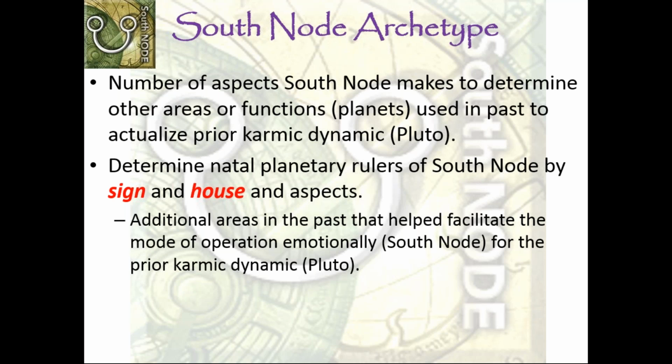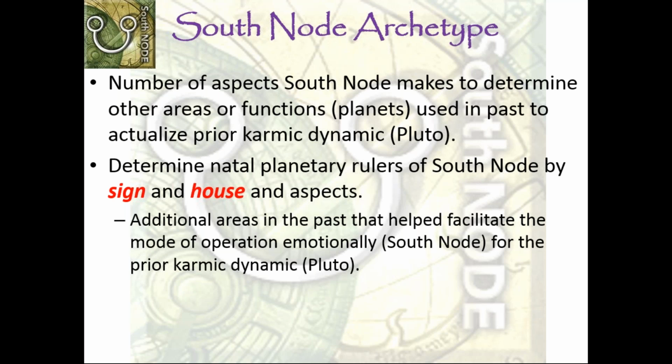You can look at the number of aspects that the South Node makes to determine additional details that was used in those past lives, and that includes the planetary rulers of the South Node by sign, its ruler by house, and the aspects that each of those rulers make.